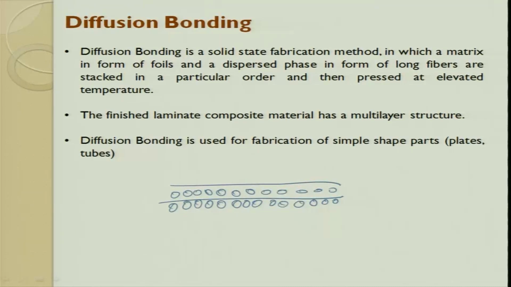So, diffusion bonding is a solid state fabrication process in which we take a matrix, which can be in the form of a foil or a thin sheet, less than 100 microns. These are the reinforcements.